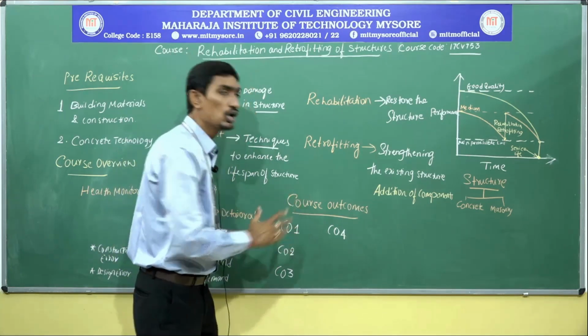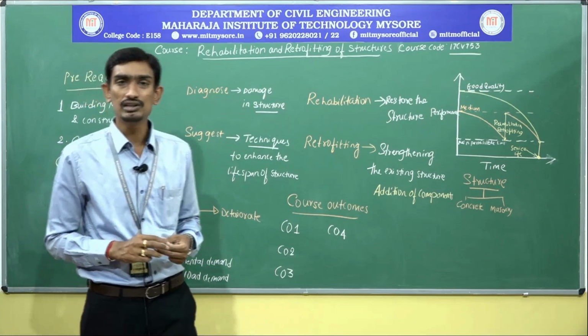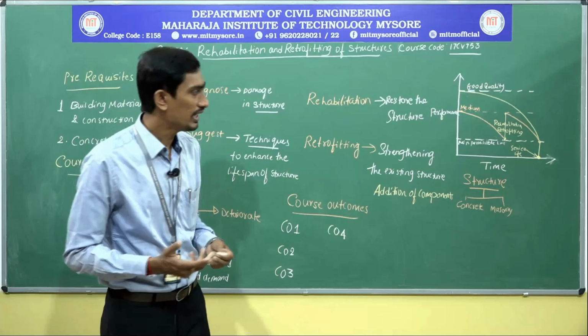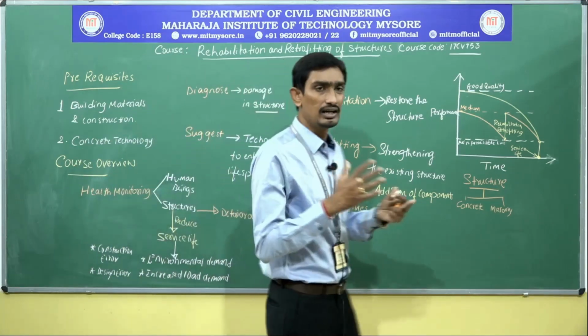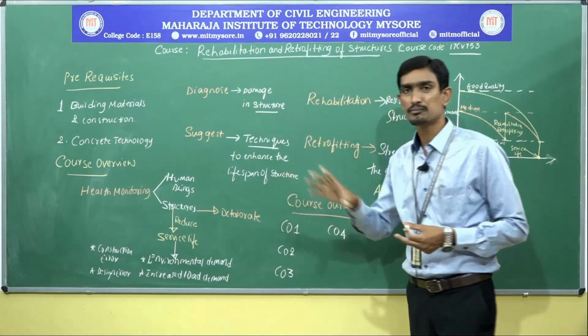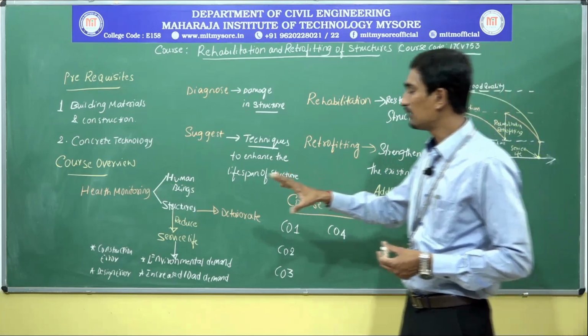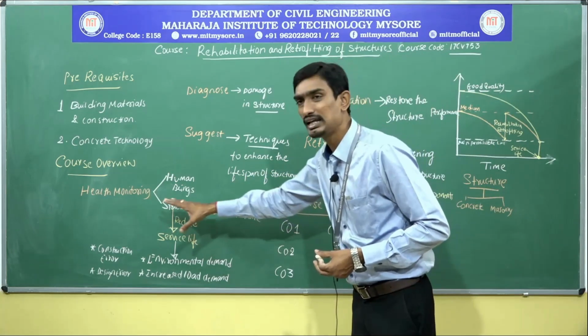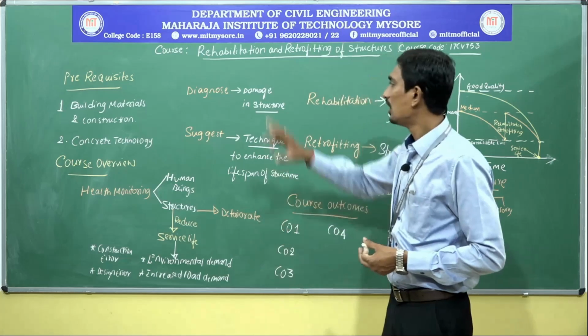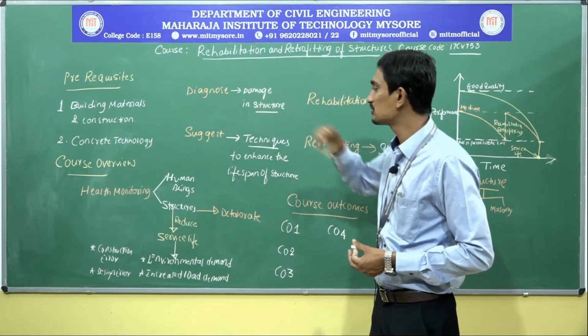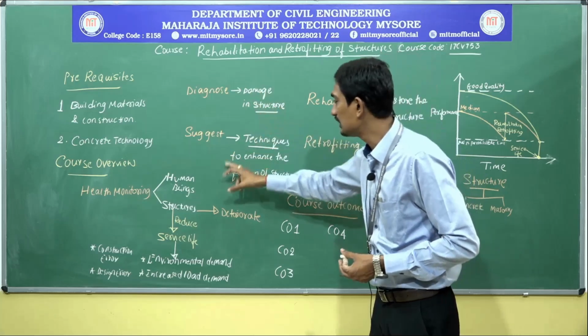So this is the course outcome of this course. Likewise, the entire scenario which we have discussed in this particular class, I will repeat: the reason for deterioration, how to diagnose the damage occurred in a structure, and next, suggesting the techniques.